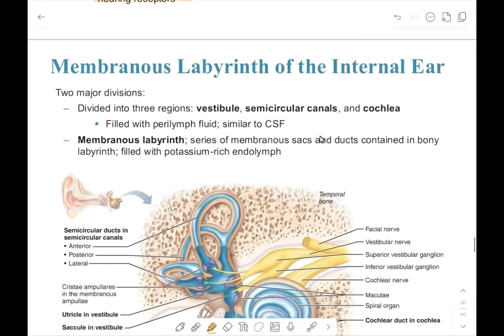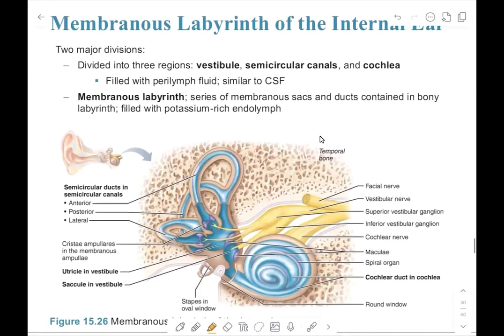When we look at the internal ear, we can see several different structures. The three regions are the vestibule, the semicircular canals, and the cochlea. So this is what we call a membranous labyrinth.